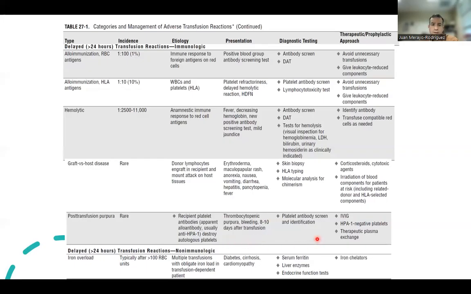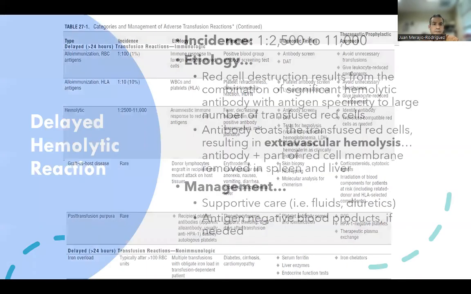And platelet antibody screen can help identify this. And the therapy include IVIG, HPA1 negative platelets, if that's the antibody, and plasma exchanges in some cases. So far, I don't have any case that we have done that plasma exchange yet. We'll continue with the next slide.